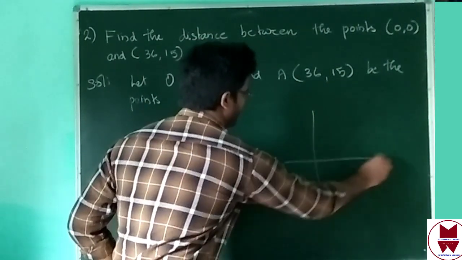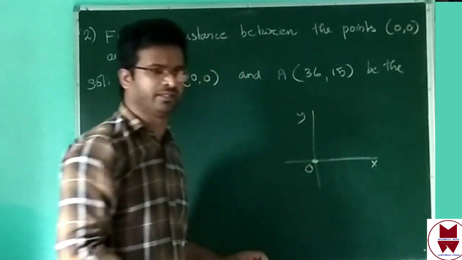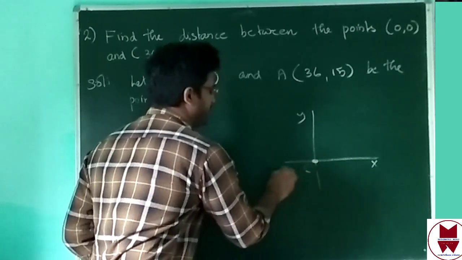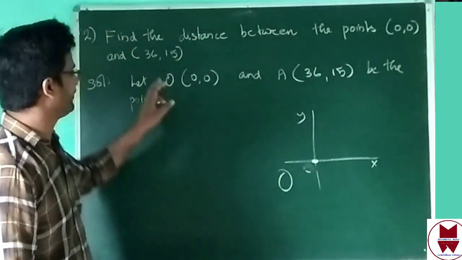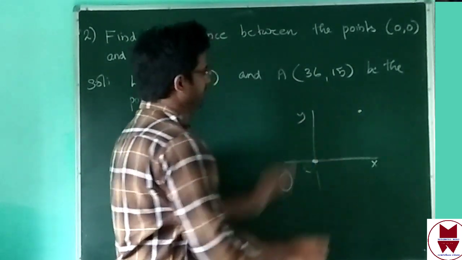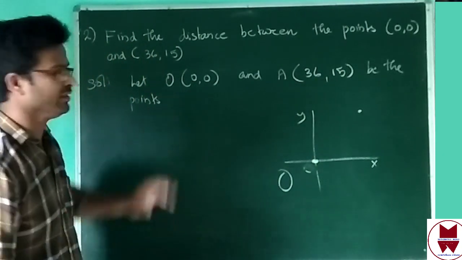When you draw x-axis and y-axis, this point, that is 0, 0, isn't it? This is known as origin. Origin always we will represent by capital letter O. That's why I given in here O. Okay. Then next point from somewhere in here. That name you can give anything. Keep in mind 0, 0 always we will represent by O.